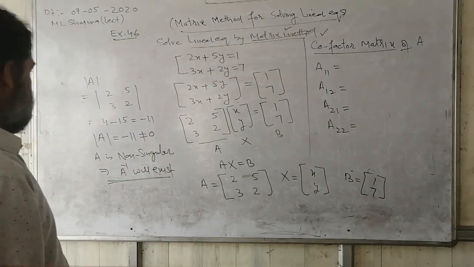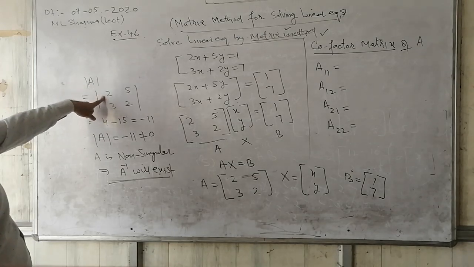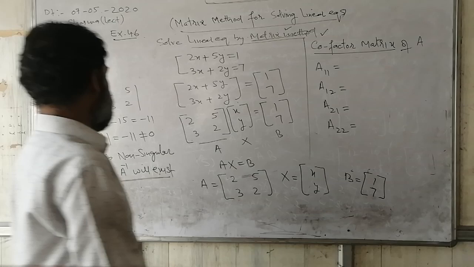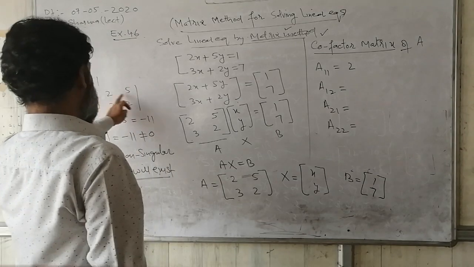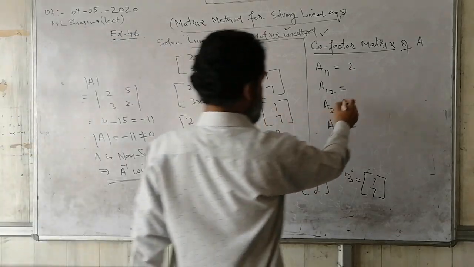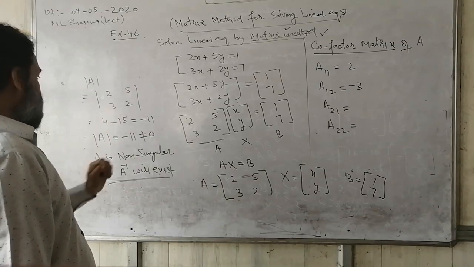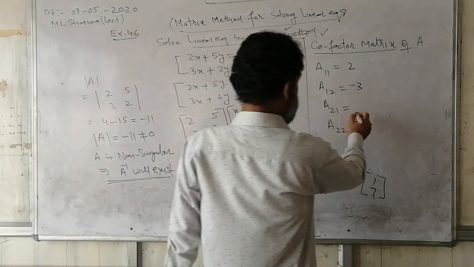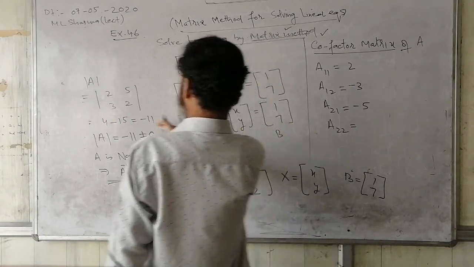For A11, the element lying in the first row and first column, the cofactor is obtained by deleting this row and this column, so I am left with 2. For this element 5, if I delete this row and this column, I will have minus 3 as its cofactor. For element 3 in the second row, first column, its cofactor will be minus 5, and for this 2, I will have 2 as its cofactor.